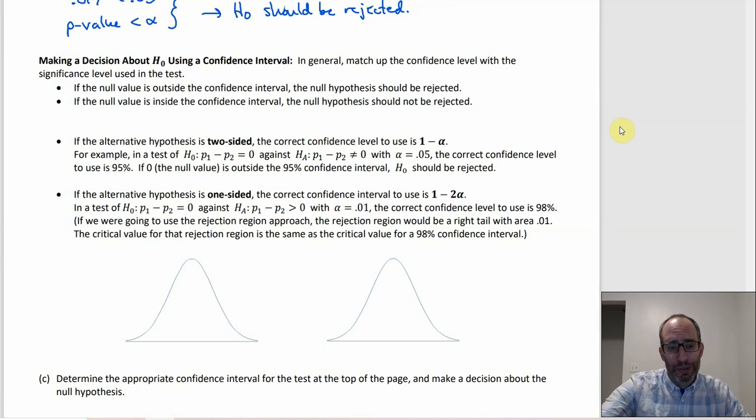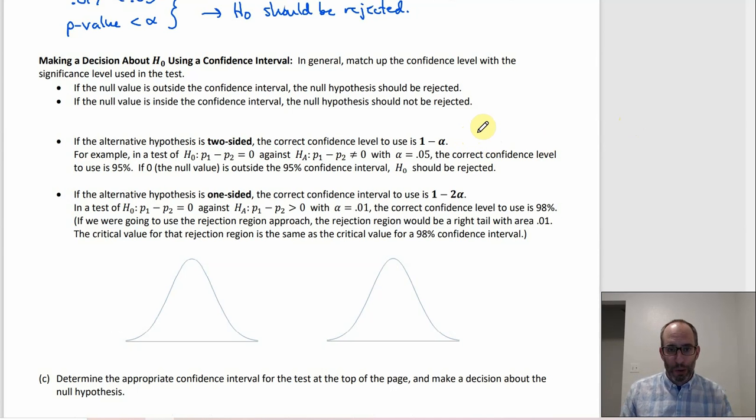And then as long as you're using the right confidence level, the way it works is if the null value is outside the confidence interval, then it's not a plausible value and you'd reject it. If it's inside the confidence interval, it is a plausible value and you don't reject it. So if you have a two-sided alternative, this works out really well because then it's just 1 minus alpha. Right?